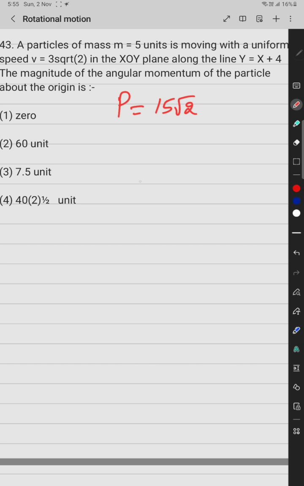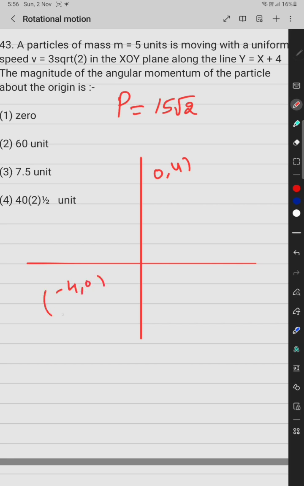It is given that the particle is moving along y equals x plus 4, and we know y equals x plus 4 passes through 0 comma 4 and minus 4 comma 0. So that is a straight line.